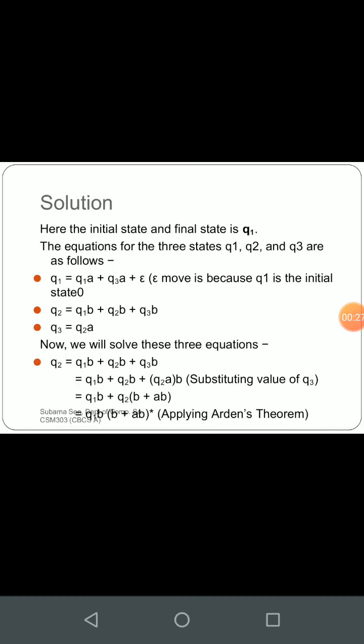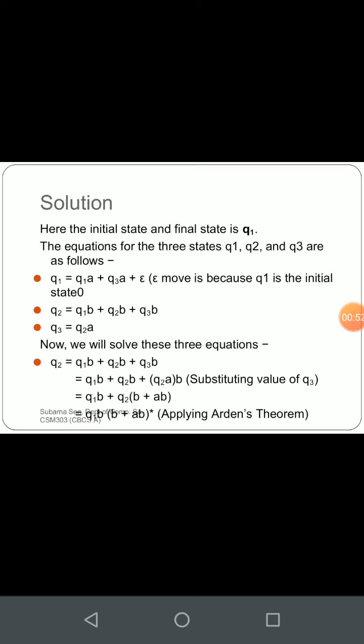So Q1 equals Q1 dot A plus Q3 dot A, and one epsilon, because it is the initial state. Now for Q2, what are the incoming edges? One B is coming from Q1, another B is coming from itself, another B is coming from Q3. So accordingly Q2's expression has been built, and you can build the expression for Q3 as well.